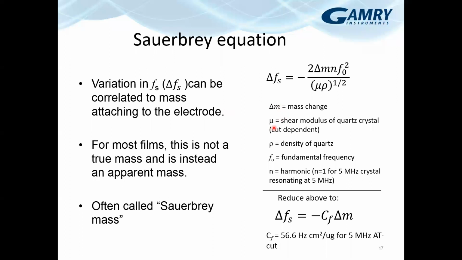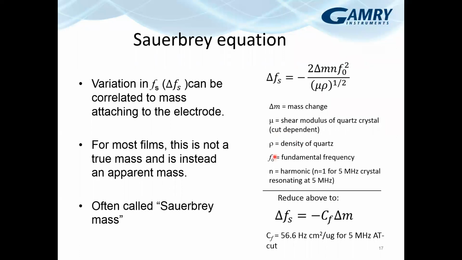The mu is the shear modulus of the quartz crystal. And again, this is cut dependent. So in this case, it's dependent on the AT cut of the crystals that you typically buy. This is an intrinsic property of the crystal, of quartz. Rho here is the density of quartz. Again, it's a property of the crystal that you buy.